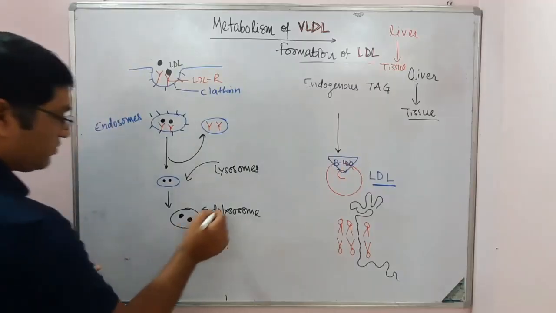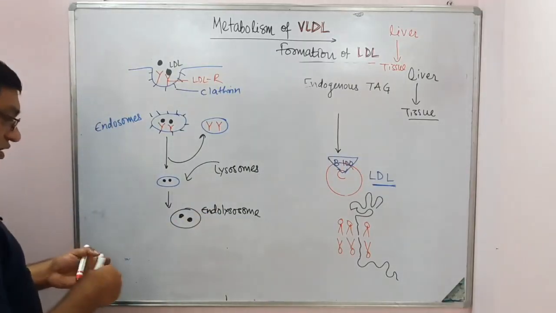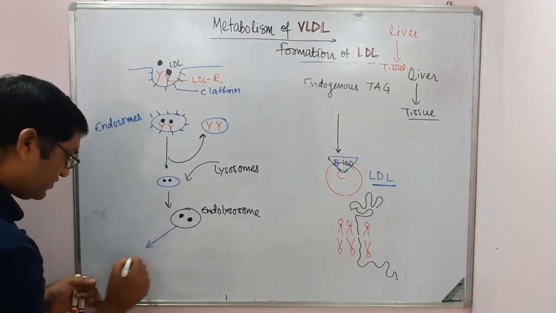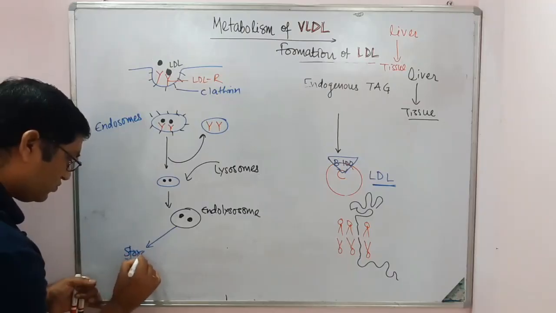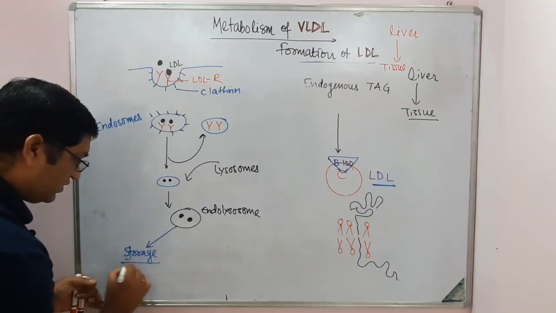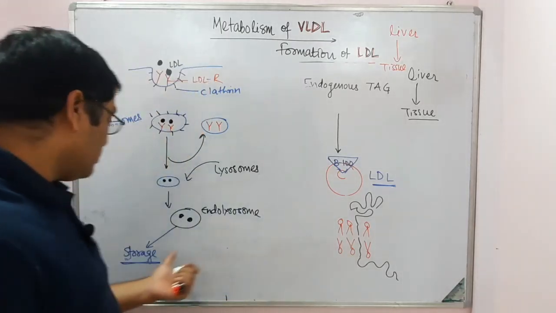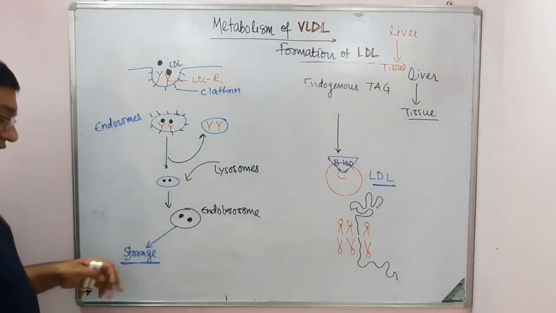The cholesterol present in the endolysosome, or in the tissue, has three fates. First is storage. Re-esterification of cholesterol occurs in the tissue and it gets stored.